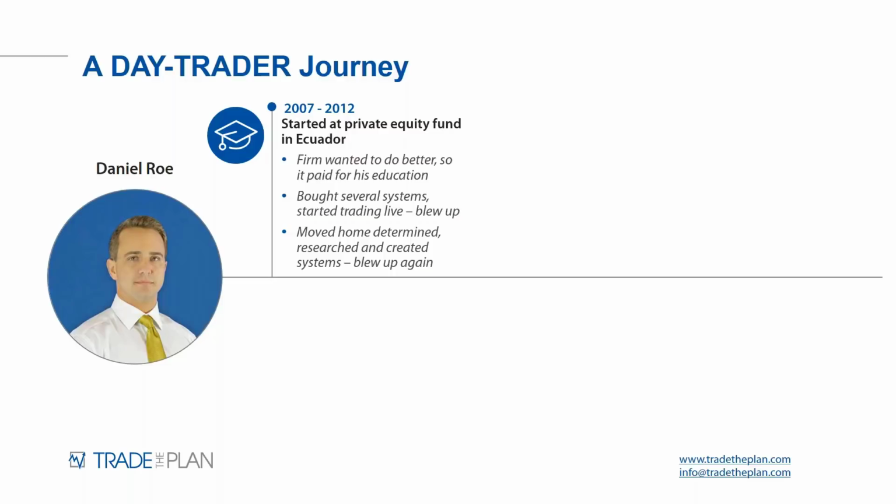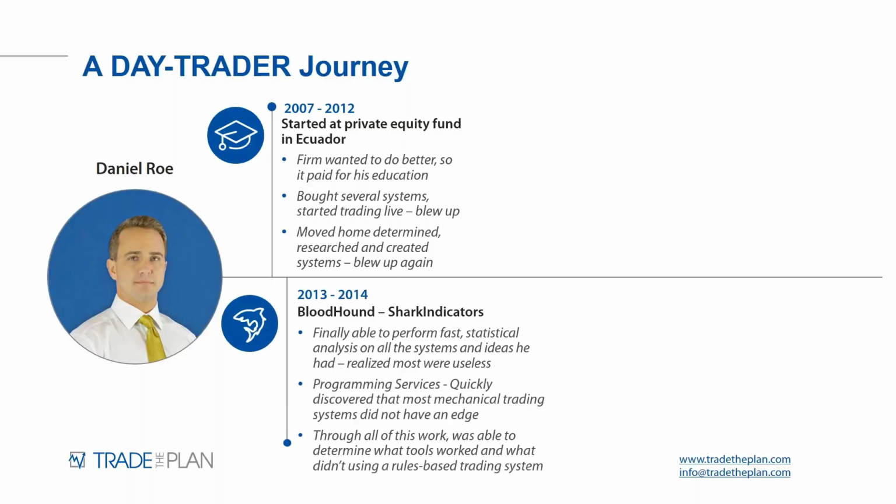He was determined yet. So he researched other methods and created new systems, traded live again, and blew up again. In 2013, he found Bloodhound and SharkIndicators, and finally was able to perform fast statistical analysis on all the systems and ideas he had. Realized most were useless.